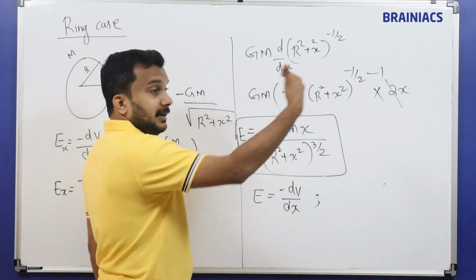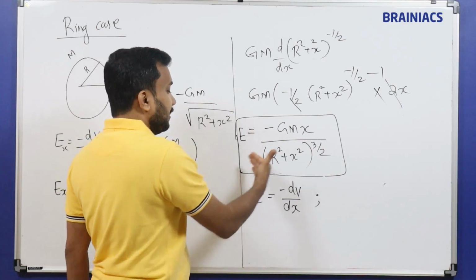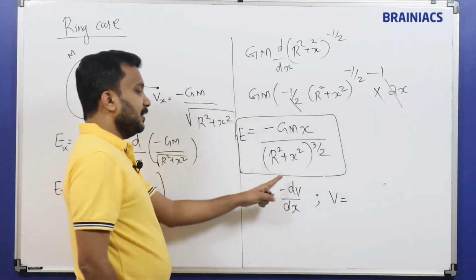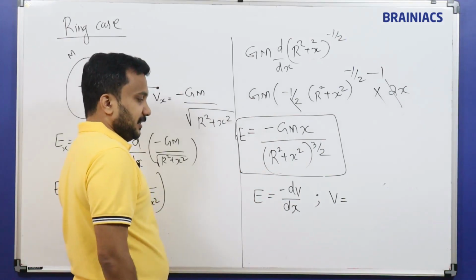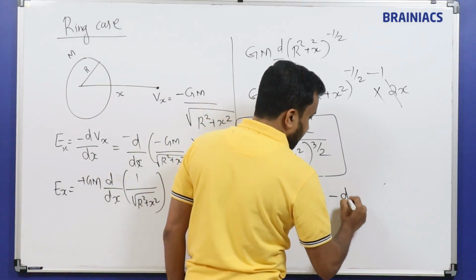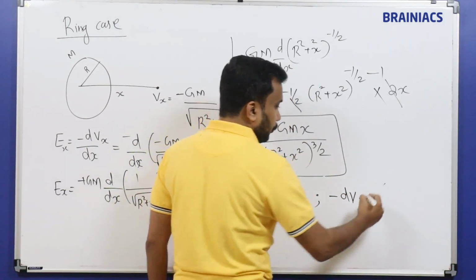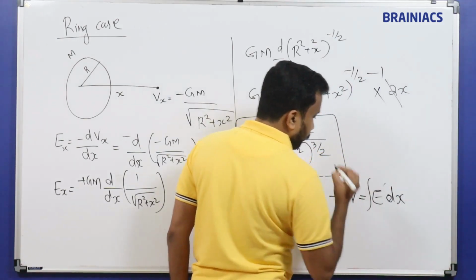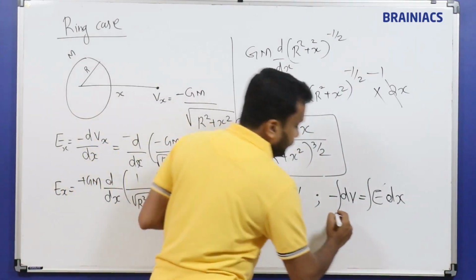So if differentiation is on the right side and you take it to the left hand side, it becomes integration. Or you can just rearrange this equation like this: minus dV is equal to E into dx. If I integrate both sides, integral dV is equal to what?